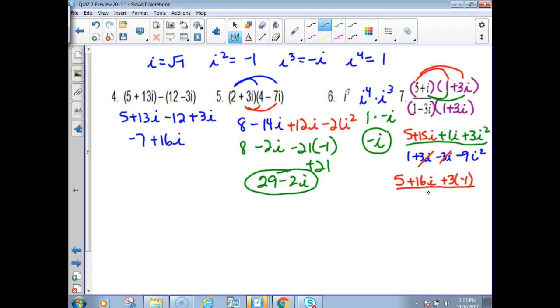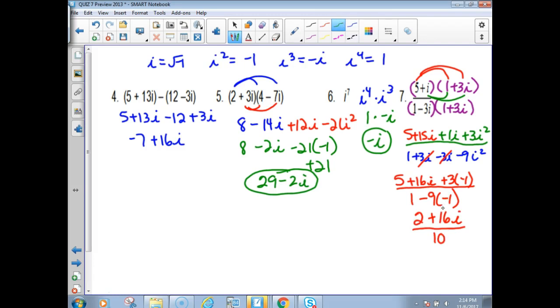And I'm writing out the steps for those who haven't practiced enough to know this well and need to learn it. 1 minus 9 times negative 1 is in the denominator. I will evaluate 3 times negative 1 is negative 3. 5 plus negative 3 would be 2. So I got 2 plus 16i all over 10.